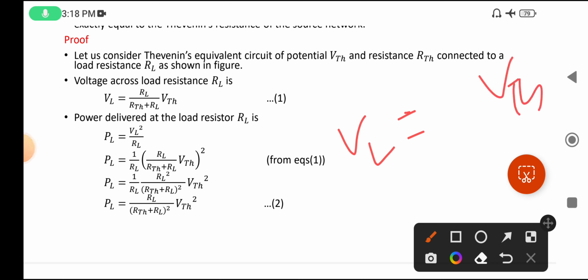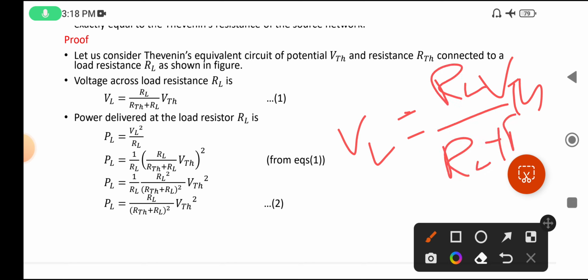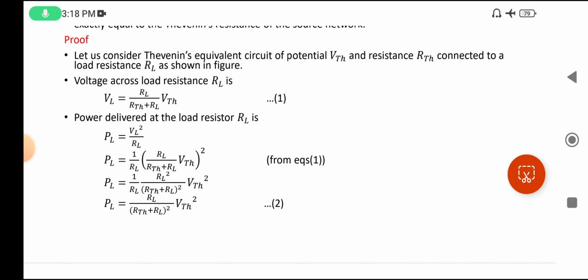The voltage across the load is equal to the applied voltage times the resistance we are going to calculate over the total resistance. Here, total resistance in the circuit: how many resistances are there?